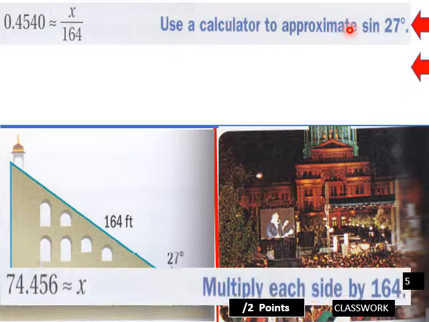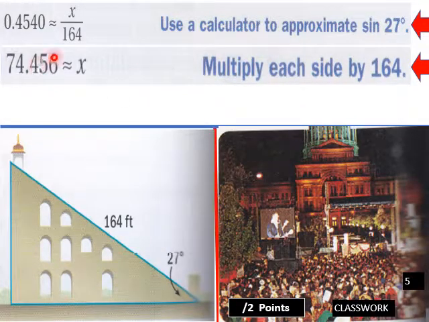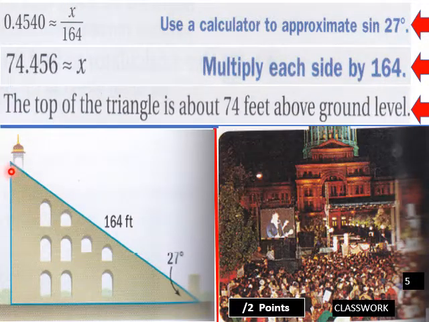Use a calculator to approximate sine 27. And then we multiply 164 times 0.4540. We get 74.456 will equal x. So that is your height here. The top of the triangle is about 74 feet above ground level. So that is your using your sine function.